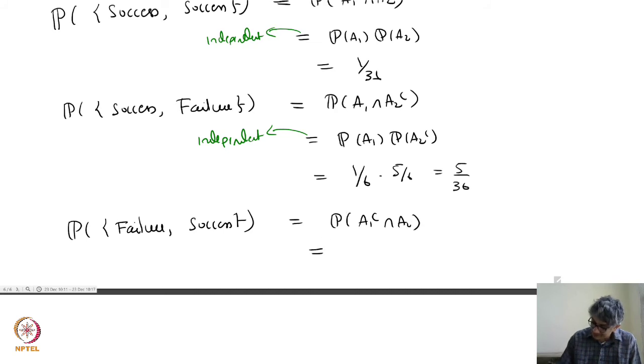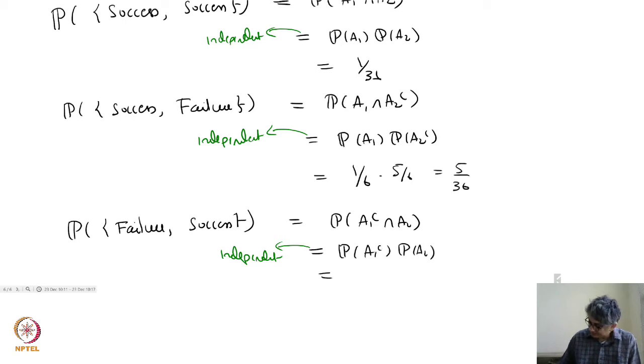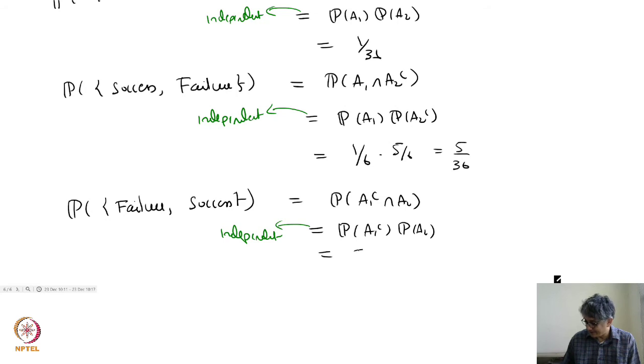That again by independence will be the same as probability of A1 complement times probability of A2. That's the same as 5/6 times 1/6, and that's just 5 over 36. Right.